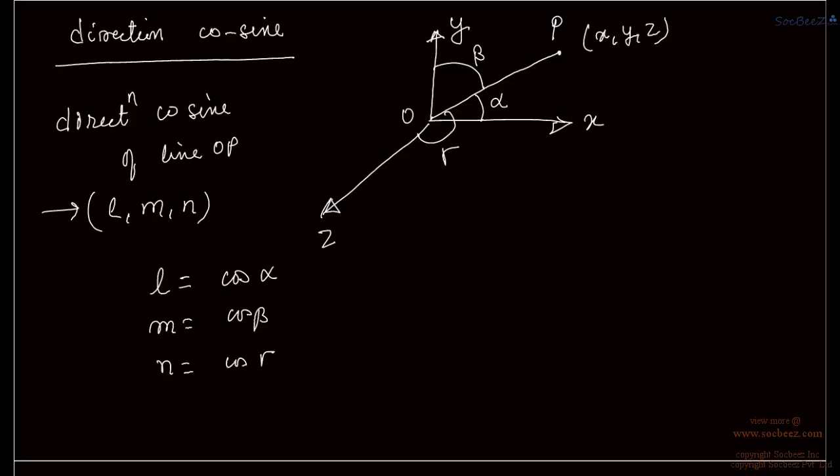Okay, so we define direction cosine of line OP as cos alpha, cos beta, cos gamma.